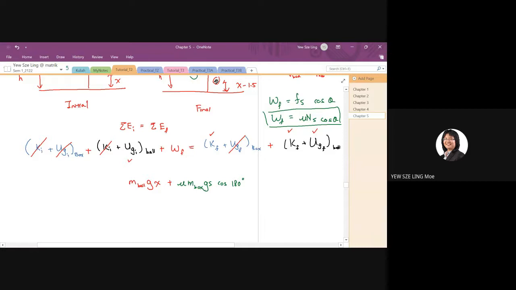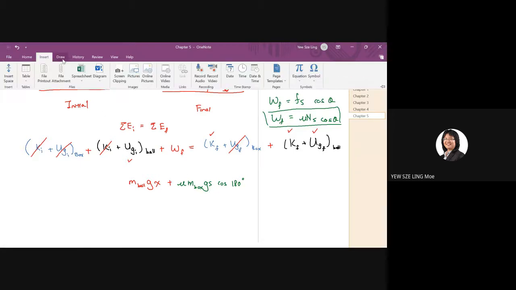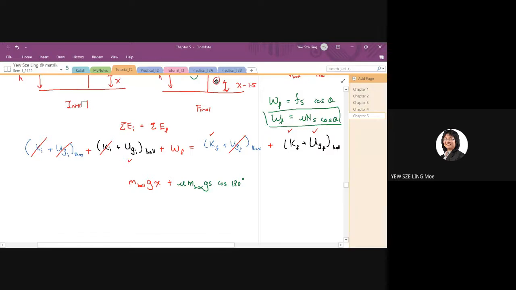So the S that I have right here is actually equal to the X. Because according to the question, it tells you the object moved by a distance X. So which is then equal to what?